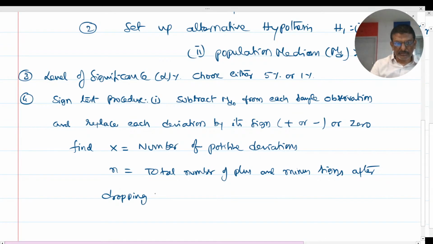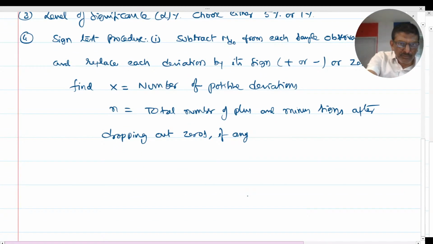If there are any zeros in the deviations, drop zeros. If there are any zeros in the problem, drop them and count the number of plus signs and minus signs. Suppose 1 zero is there, you have to subtract 1 from n; 2 zeros are there, subtract 2 from the sample size. That is called n.